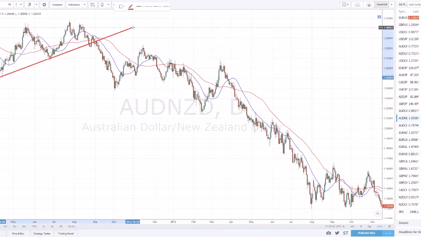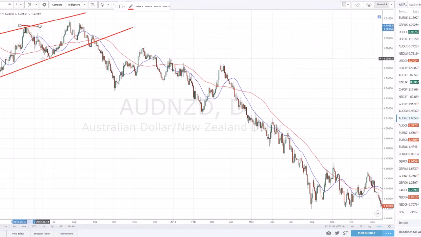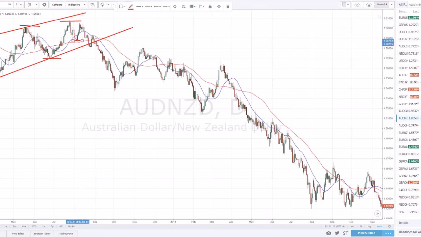We've got price making, made this low, came up, made a high, came down, made a higher low, came up, made a higher high, came down, made a lower low, a lower high, kept going, failed to break structure, rolled over, new lower low, lower high, boom, broke the trend line, lower low, downtrend.